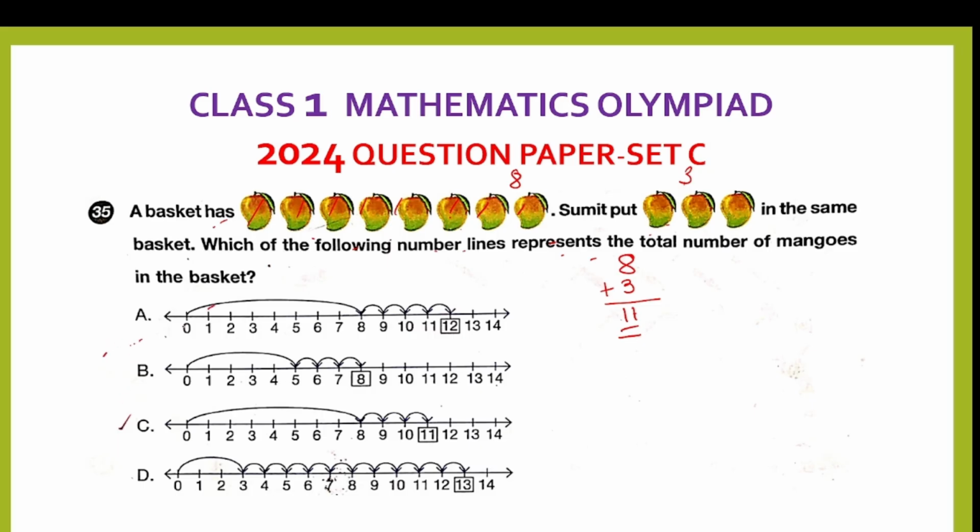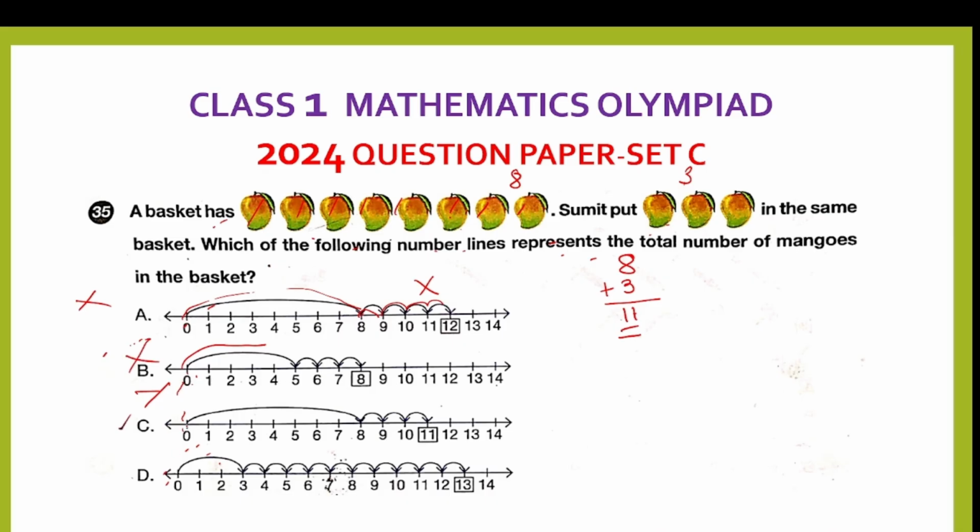So option A jumps from 0 to 8 actually, and then plus 1 plus 2 plus 3 plus 4. This is not correct. Similarly, we have to jump first from 0 to 8, right? Here is 0 to 5, which is not correct. Option A is not correct. Option B is not correct.